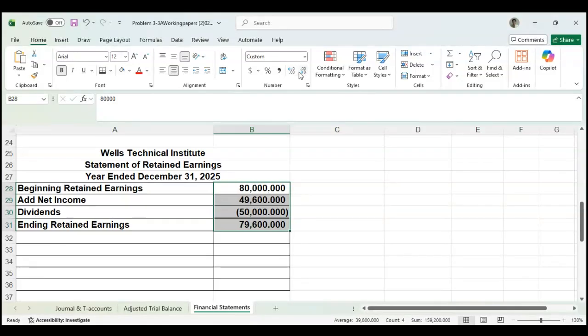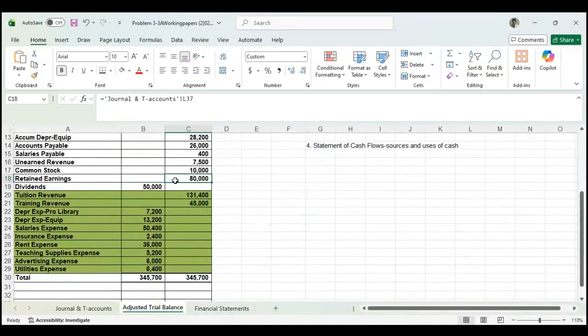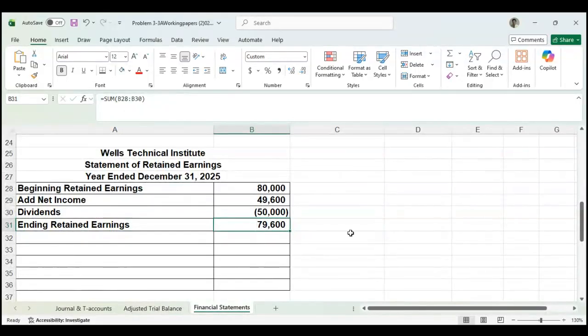We're going to end 2025 with 79,600, and we'll begin 2026 with that. So when we do the balance sheet, we're not going to use the retained earnings we had before. We're going to use the retained earnings that we just calculated, because that's the new retained earnings.